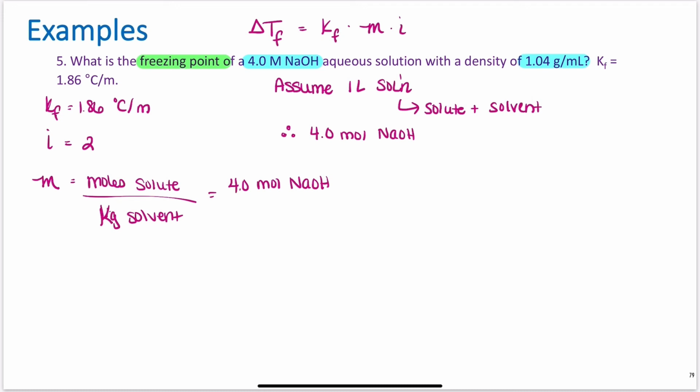Well, if I have 1 liter, and I know the density, 1 liter of solution, I'm going to convert that to milliliters. Why? Because my density is reported in grams per mil.